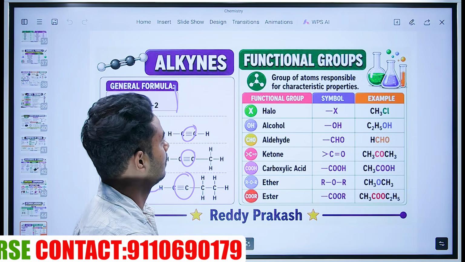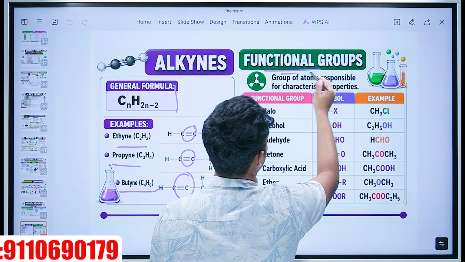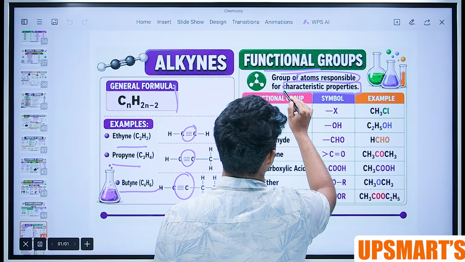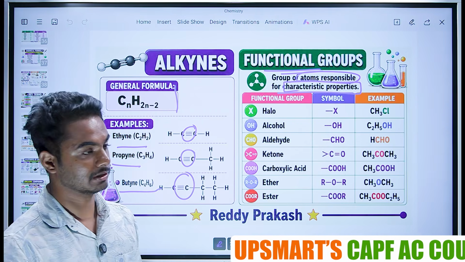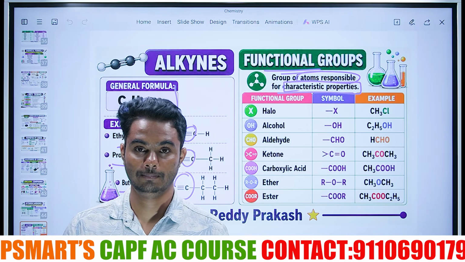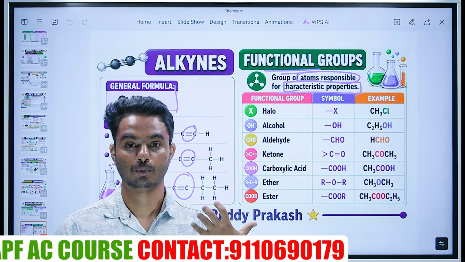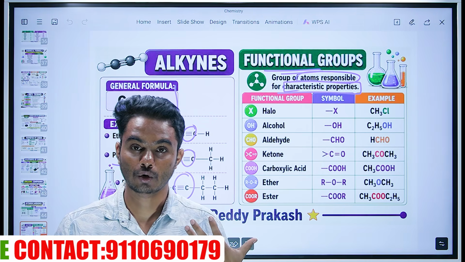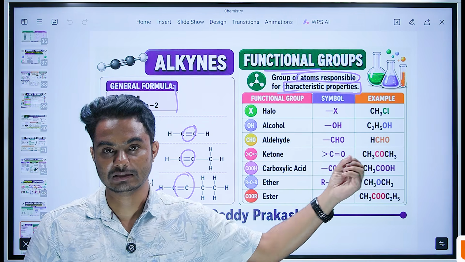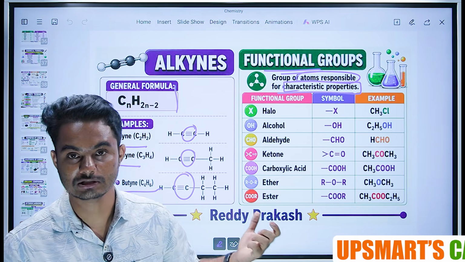Functional groups are groups of atoms responsible for characteristic properties. Now you see, alcohol has a certain property. That property is due to the functional group at the end of the C and H compound. The functional group of alcohol is OH.